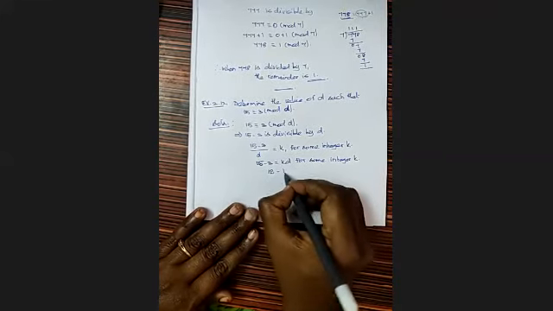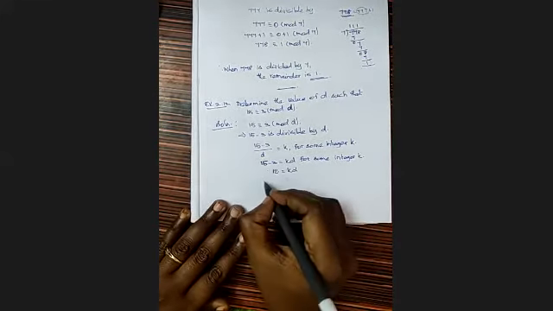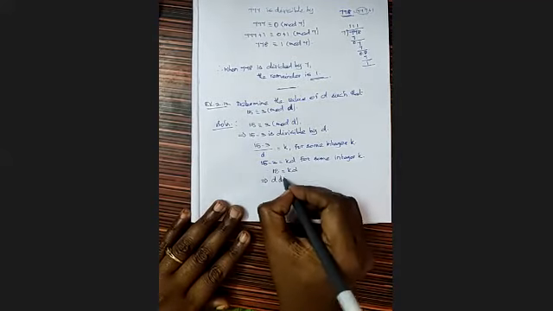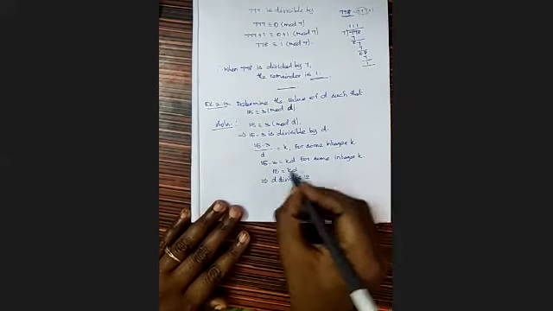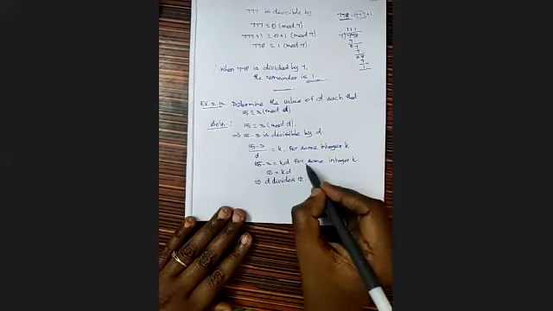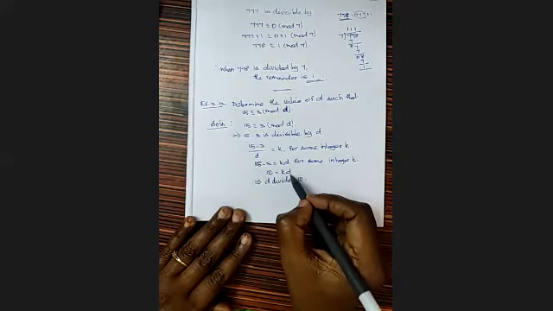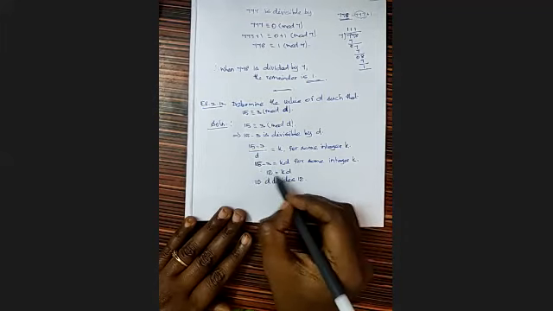So 12 equals KD, where K is the quotient and the divisor is D. So this implies D divides 12.